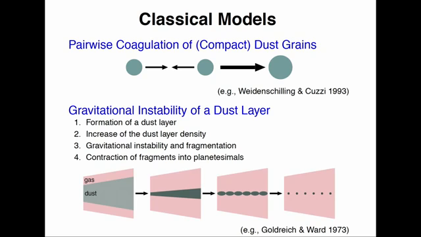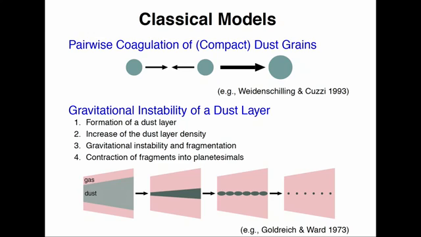And once the density of the dust layer becomes higher than the Roche density or some critical density, the dust layer becomes gravitationally unstable and fragments.